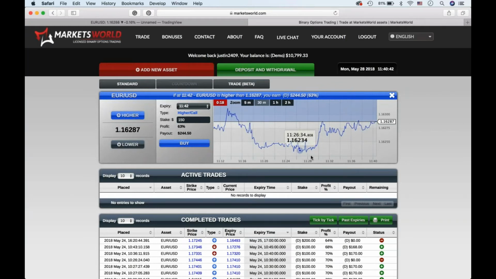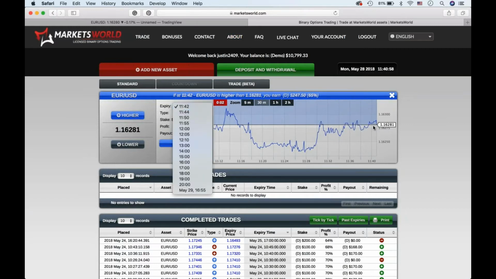So I would say if I could have drawn some kind of trend line here, this will be my trend, this high. So we just need a little bit of a movement towards the downside, which is coming our way. Still nothing on the expiration, probably in the next minute.